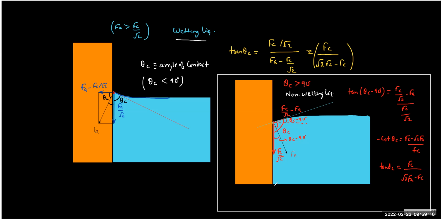You might have seen that the water can roll down on some of the tree leaves. I mean they will not stick to it because the angle of contact is obtuse and it's behaving as non-wetting liquid.